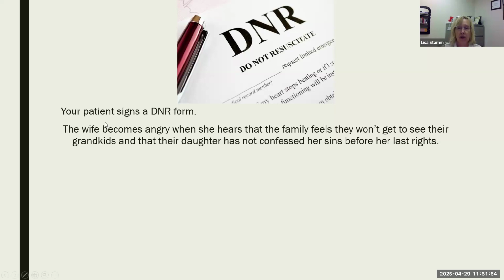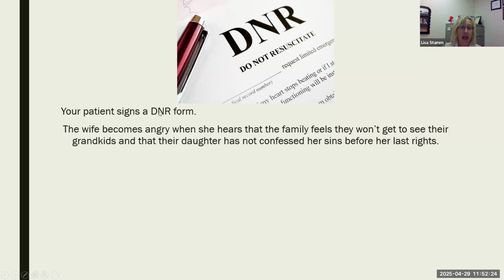Now, remember also who also has to sign this DNR form besides the patient? The provider, exactly. It has to have the provider signature and the patient's signature in order for that to be a legal document. If this patient were to go home, they would have to have this DNR form with them at all times in order for that to remain intact.